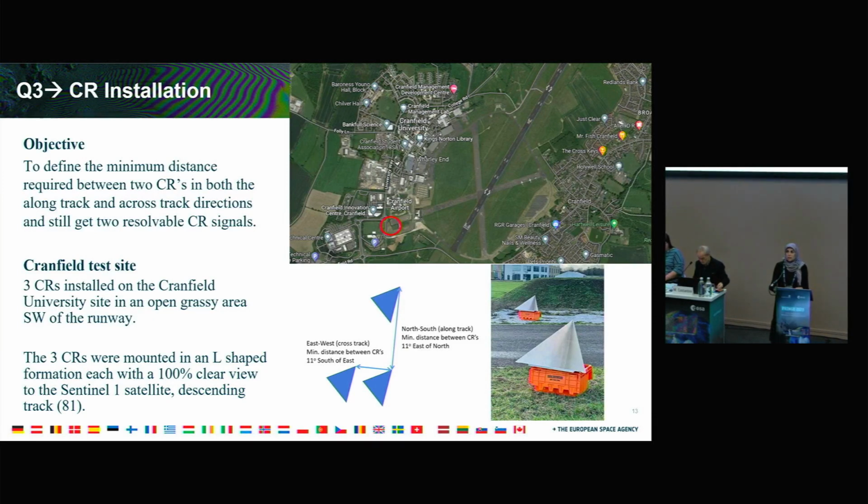And we implemented 3 different layouts for this L-shaped format to make the corner reflectors closer and closer together in both along-track and across-track directions, to find the minimum distance between 2 corner reflectors that still can have two distinct signals from the corner reflectors.